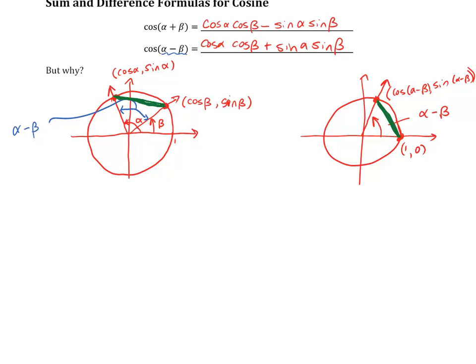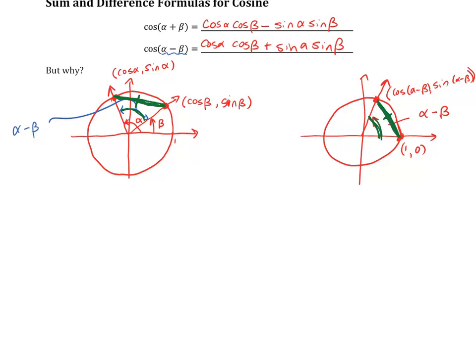Because it's the same angle swept out inside here as what is swept out inside here. And these both are unit circles, so these two lengths are the same. And surprisingly, knowing that fact is enough for us to derive our cosine alpha minus beta formula.